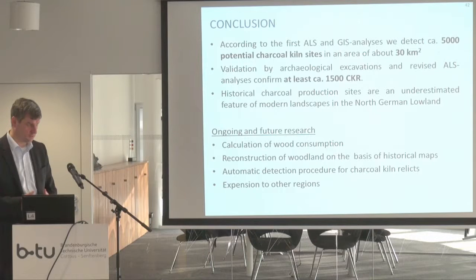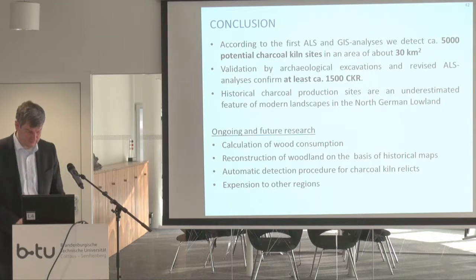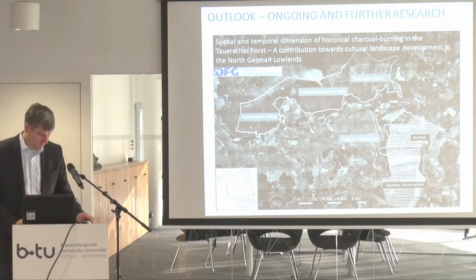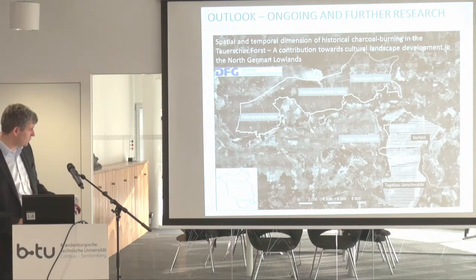What is the effect on the forest, so how much wood was used for the production of the charcoal kilns? And then we want to extend this research to other regions using automatic detection procedures. So with the project started here directly in the mining area, we now go to other areas which are not mined.